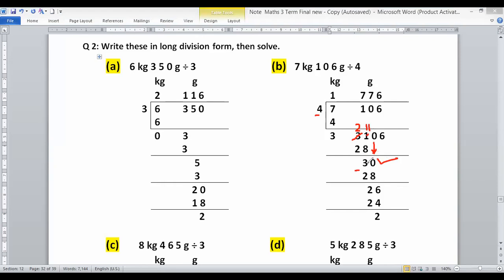You take 1 carry from 3, you get here 10. 10 minus 8, 2. And after that, shift this 6 here, you get 26. Now divide 26 by 4. 4 times 6 is 24. 26 minus 24, we get 2.